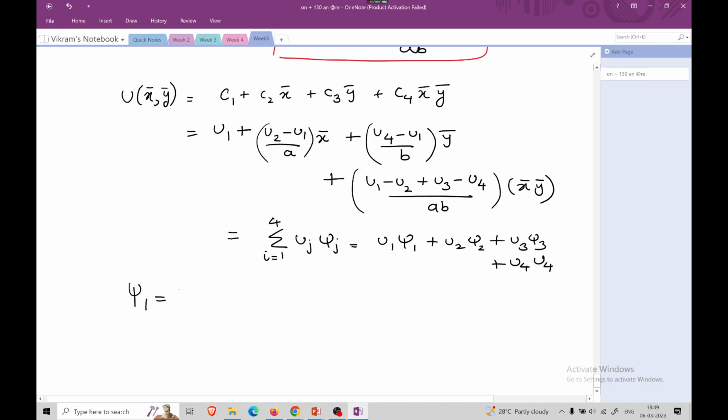So here we have 1, then here you have minus x bar by a, then from here you have minus y bar by b, and from here you have plus x bar y bar by ab.